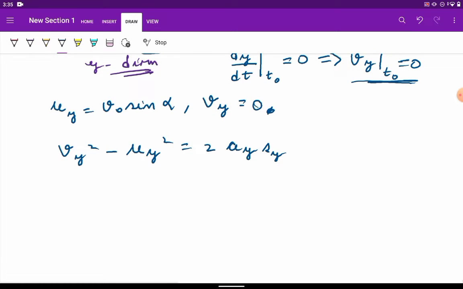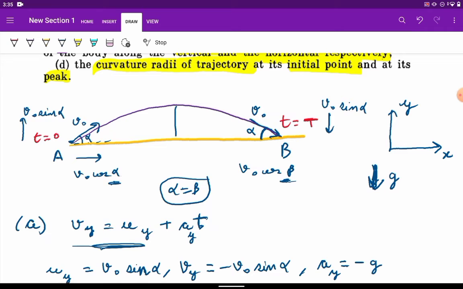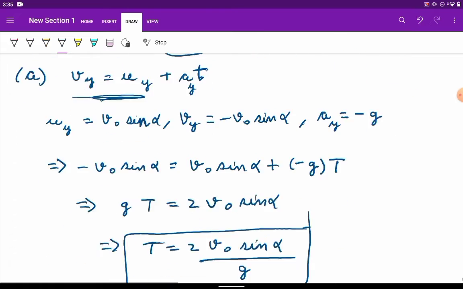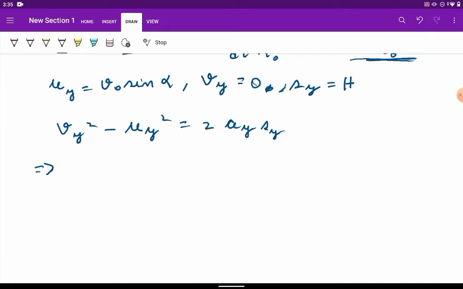Sy is obviously capital H, because I'm basically representing this by capital H. Okay. So that's basically the displacement, and it's in the positive y direction, so Sy equal to H.